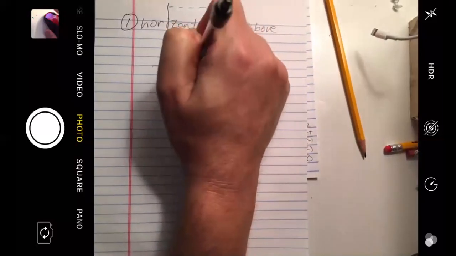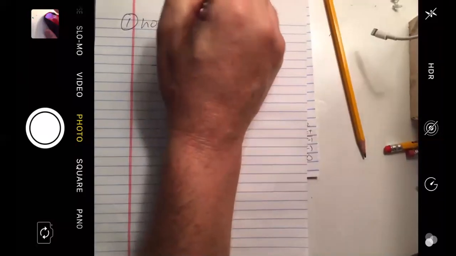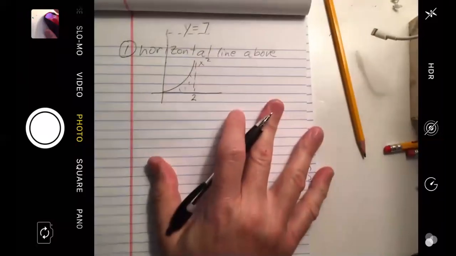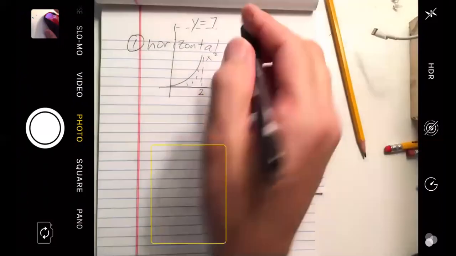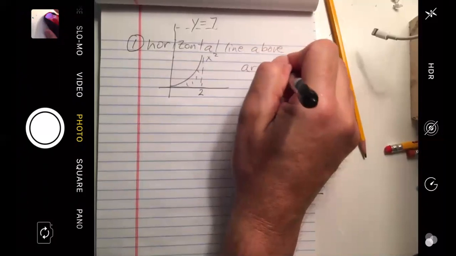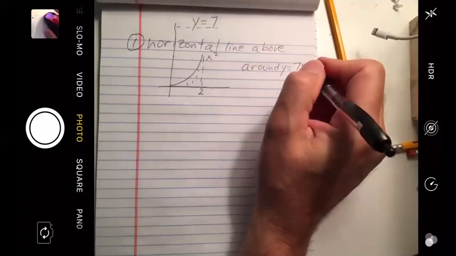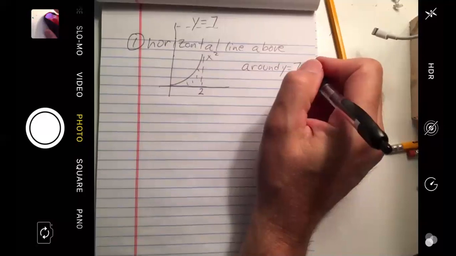It doesn't matter what number you use. I'm going out to 2. And I want to revolve. 7. Okay, so he's calling out y equals 7. So we're going to go around y equals 7. So there's nothing up my sleeves. This is going to be an integral of a dx.